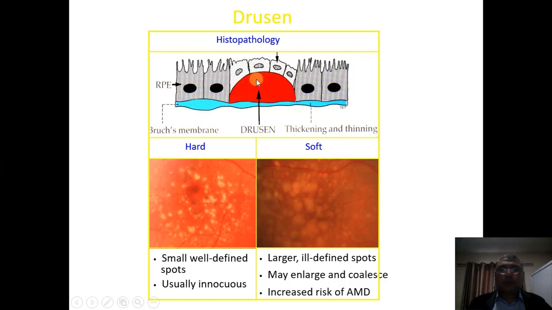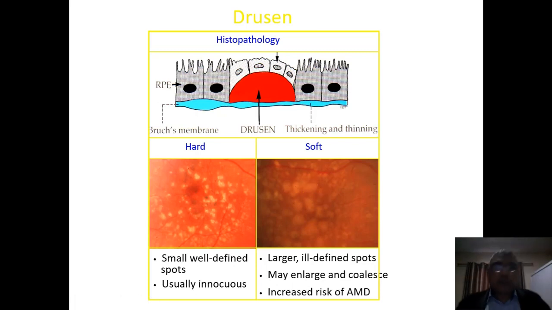Drusen deposition under the retinal pigment epithelium, with subsequent atrophy of the retinal pigment epithelium and damage of the overlying photoreceptors. These are hard drusen, whitish, well discrete spots seen in the macular area, and these are the soft drusen, large, with ill-defined edges.